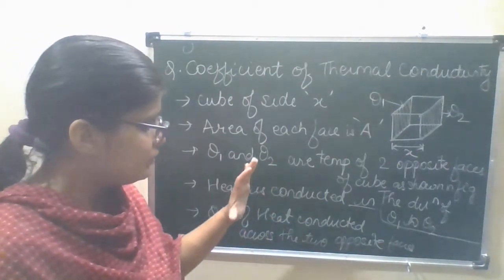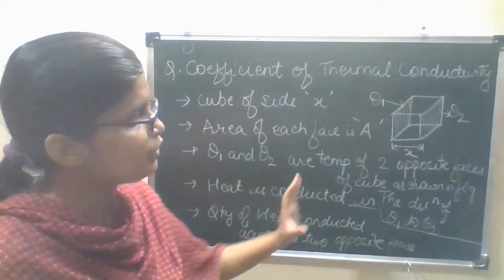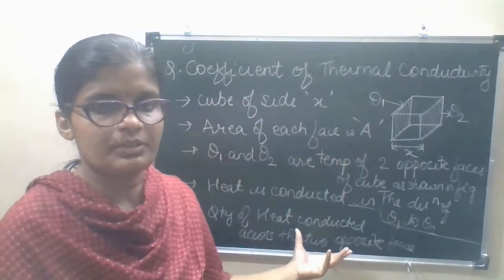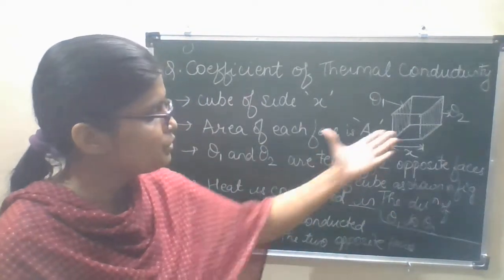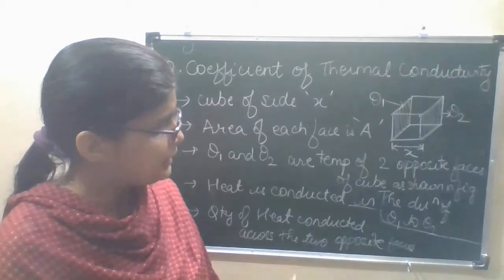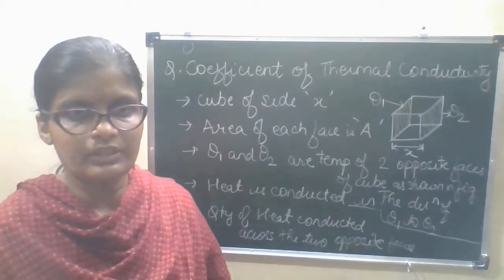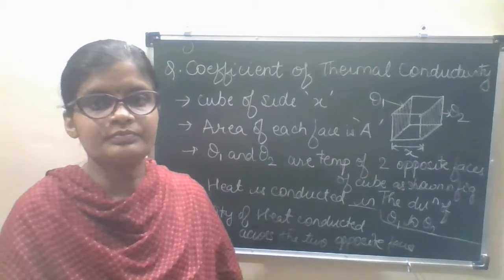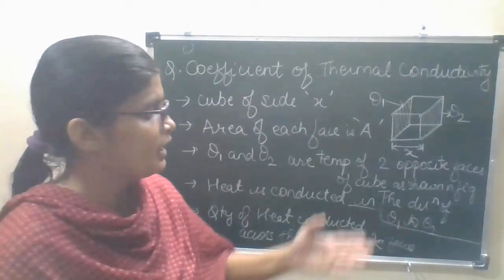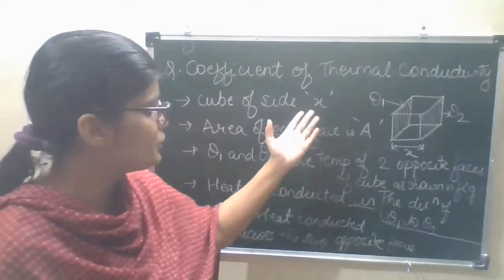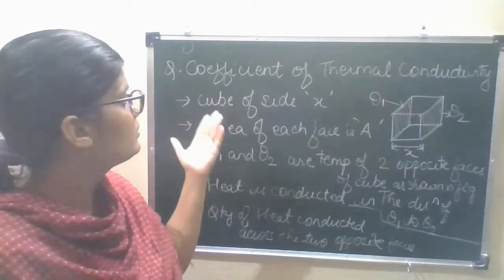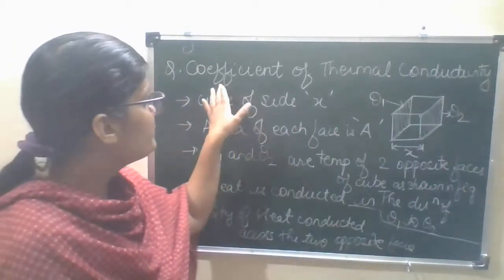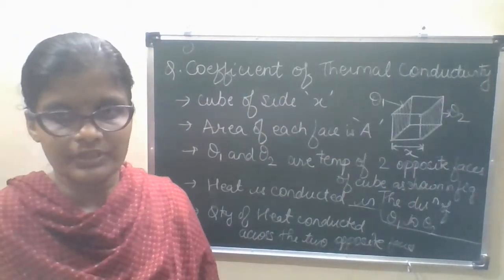Now this was the description of the diagram, or what we have considered. We have considered the cube, and this was the description of it, in addition to understanding what is going on in the figure. Okay, now we will see the mathematical relationship between this area A, theta 1, theta 2, this x, and thermal coefficient, and everything. We will derive the equation for the coefficient of thermal conductivity.